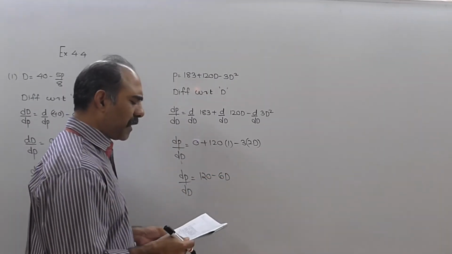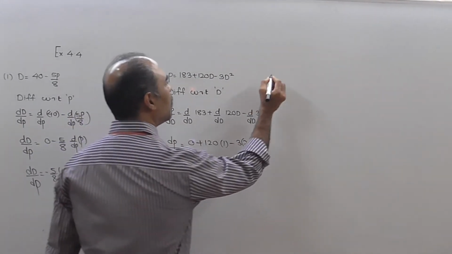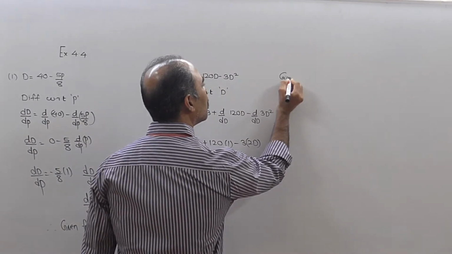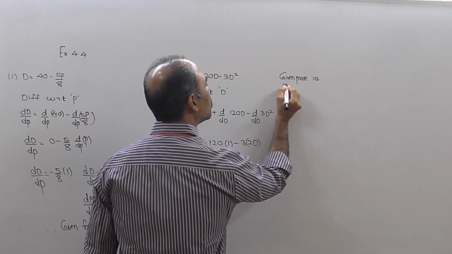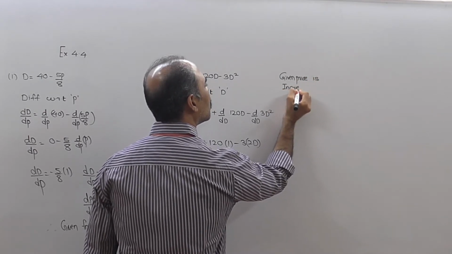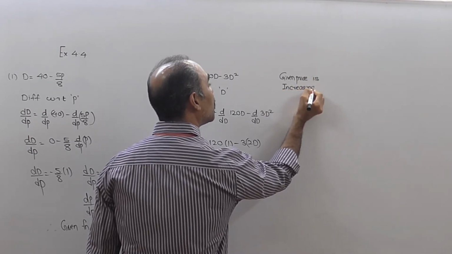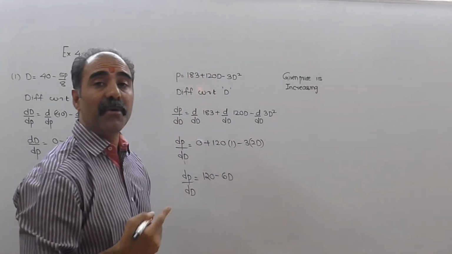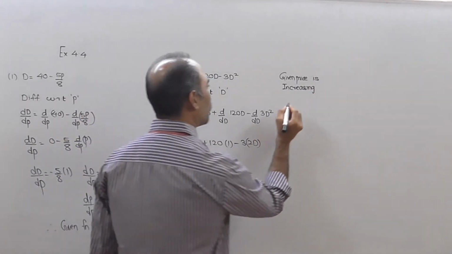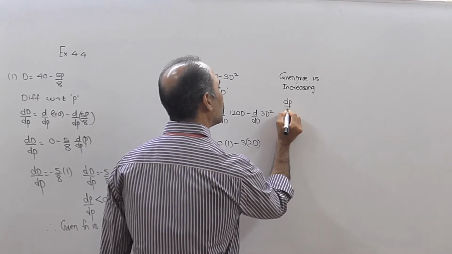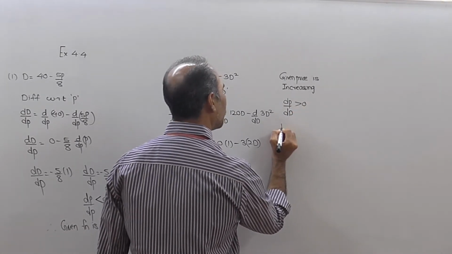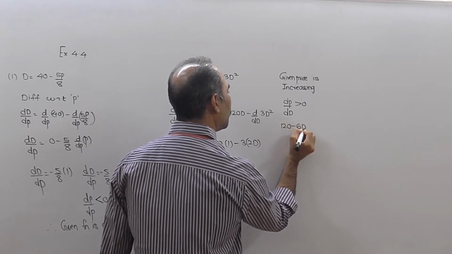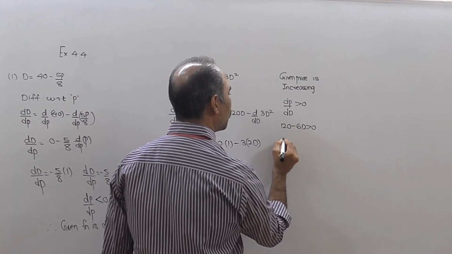They have given that the price is increasing, so I will write here, given the price is increasing, and you have to find the value for D. So you can write here dp upon dD is greater than 0, meaning 120 minus 6D is greater than 0.